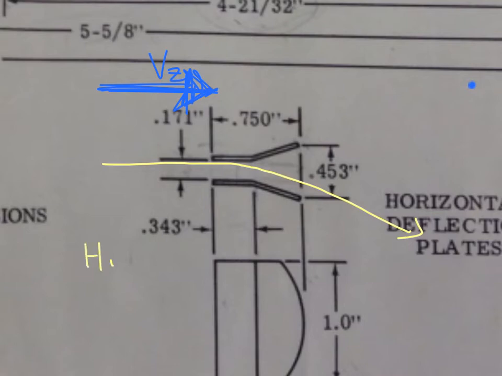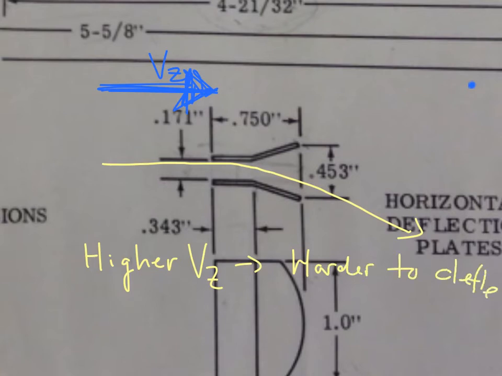So higher Vz, this is harder to deflect because it spends less time in between the plates. If it spends more time, it'll accelerate more because it experiences the force for a longer time. Wait a minute. Force times time? Well, that's a change in momentum. All these first semester concepts just showing up left and right. It's almost like we planned it.